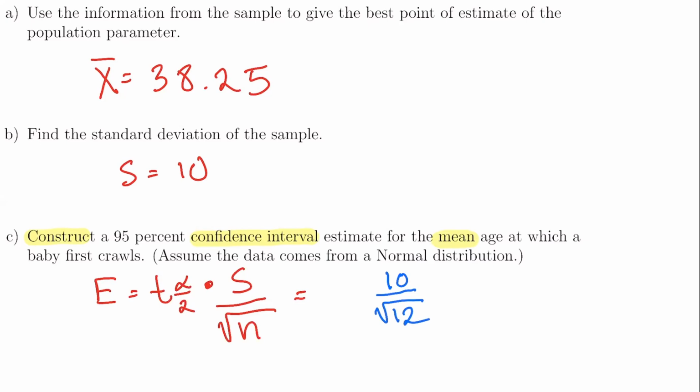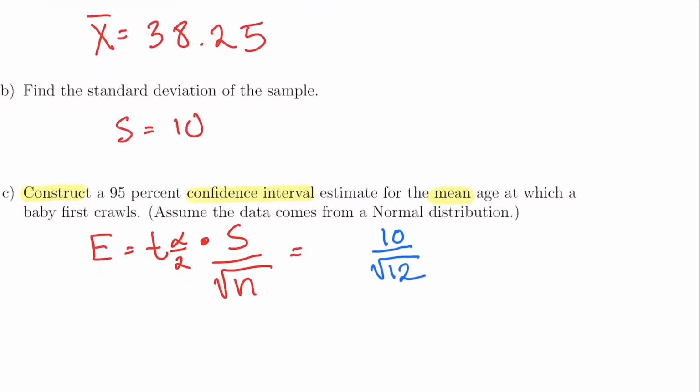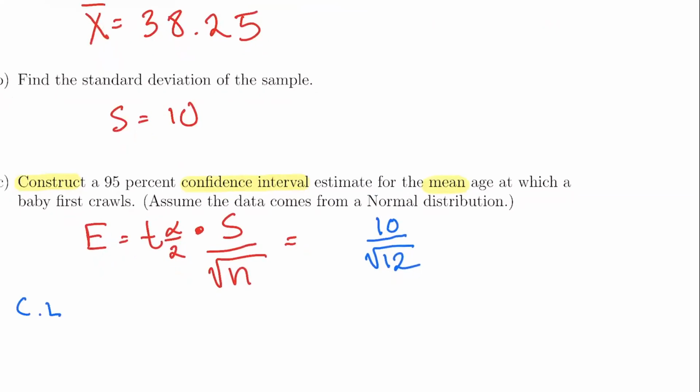Anytime you're getting the t value, you need 2 important things. The first is the confidence level, which is just the percentage we want for the confidence interval. They say a 95% confidence interval, so our confidence level is 95%.